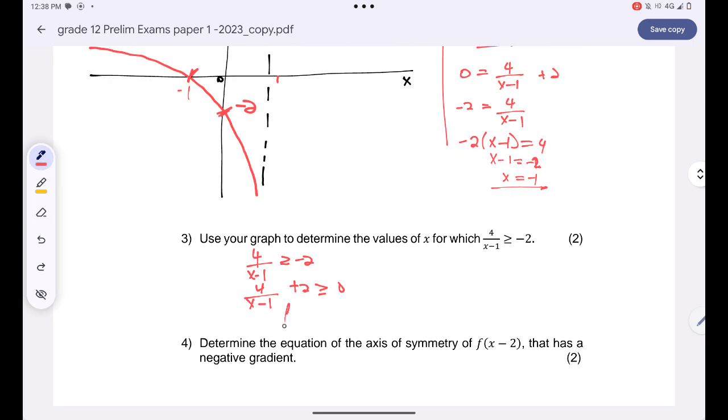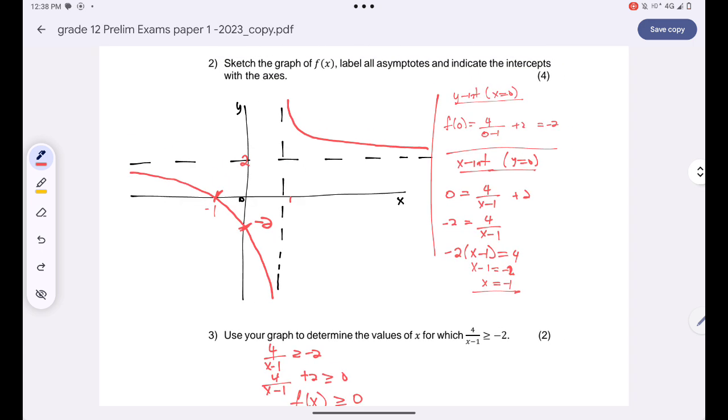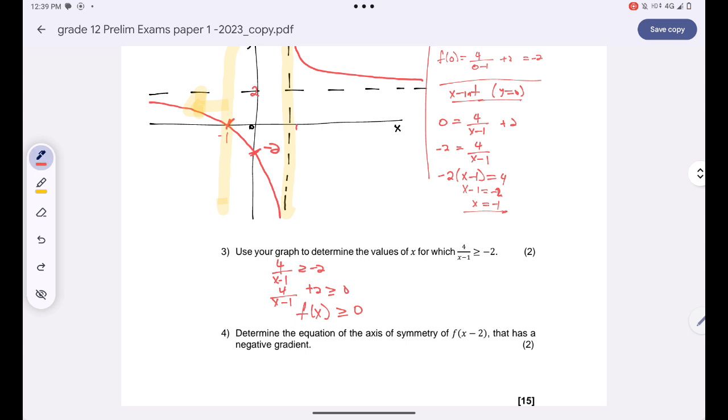Are you together? But this is just equal to f of x. So I'm looking for the values of x whereby f of x is greater than or equal to 0. From the right hand side of my asymptote, I can see that the graph will forever be above the x-axis, and from the left hand side of my x-intercept, the graph will forever be above my x-axis.